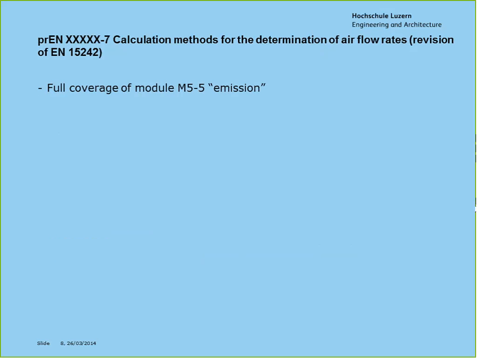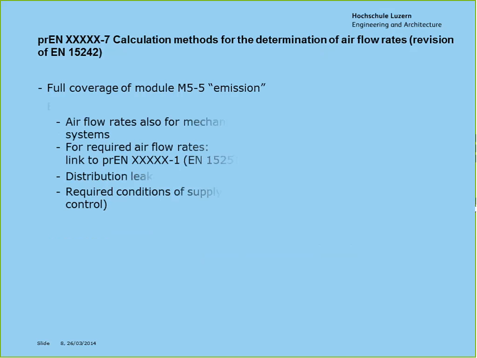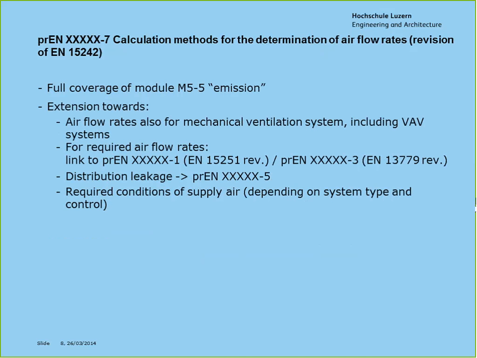Then the other standard, it's more covering the emission part now. It actually means the calculation of the flow rates based on, as I said already, the requirements from the other standards.